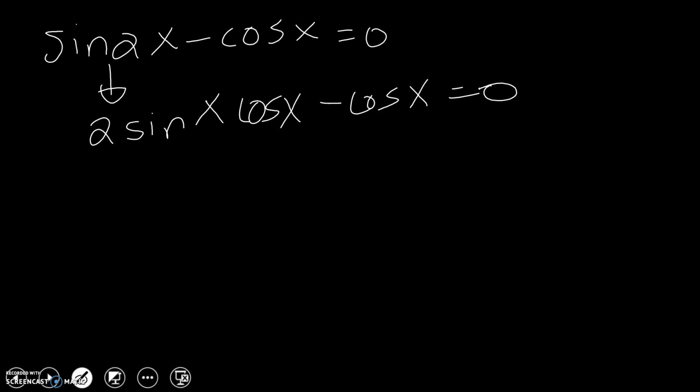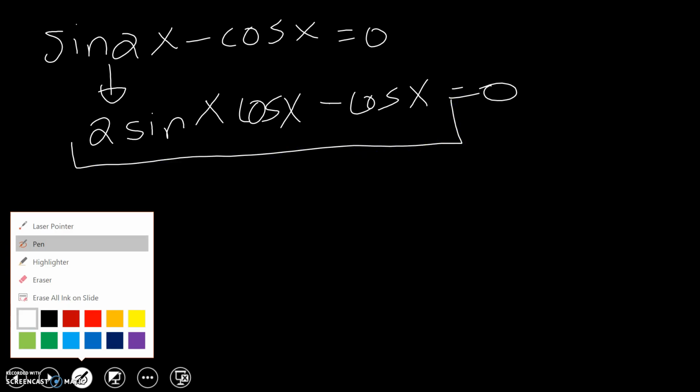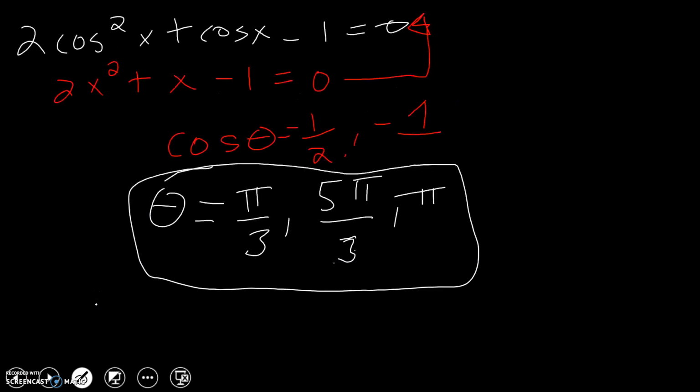Now we need to factor out a cosine because it is common in both of these terms. Wait, did I just erase it? Guys, I'm going to rewrite it because for some reason it got all wiped out. So let me rewrite the problem again.